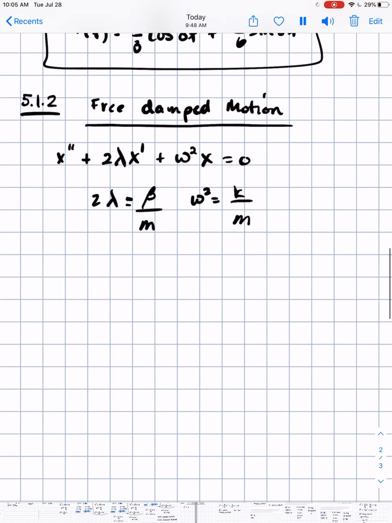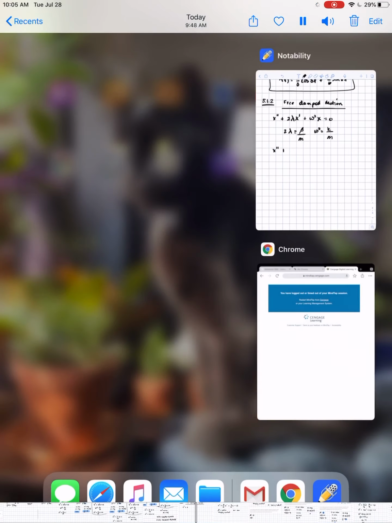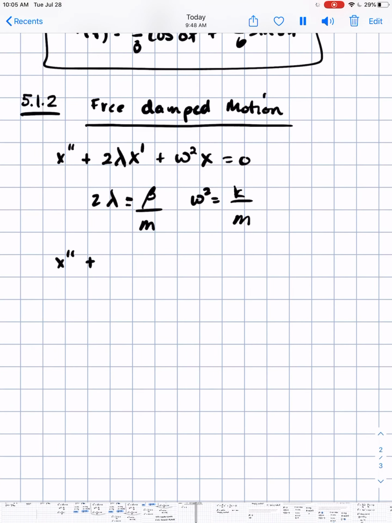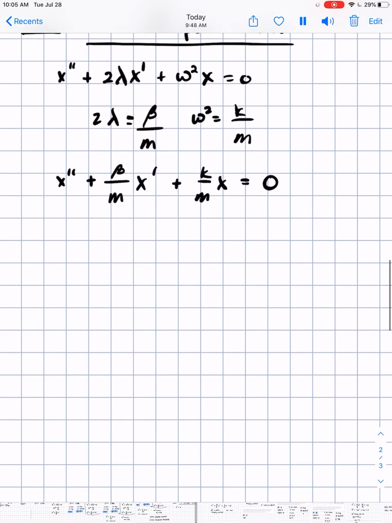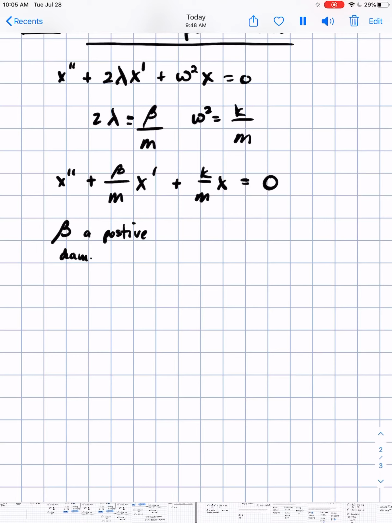Okay, so we could just write it out as b over m x prime plus k over m x equals 0. I like that better. And like I said before, b is going to be a positive damping motion or damping constant.